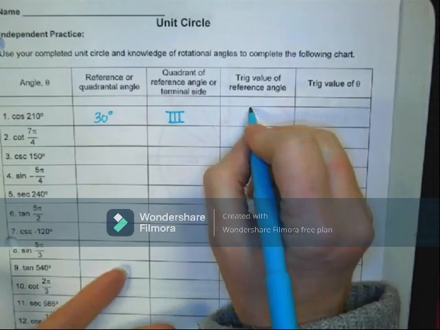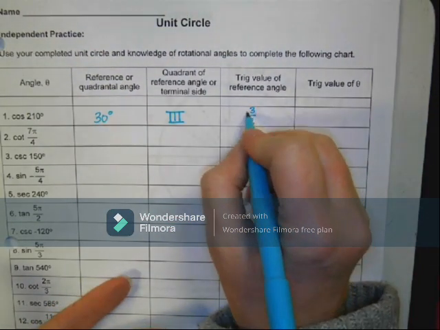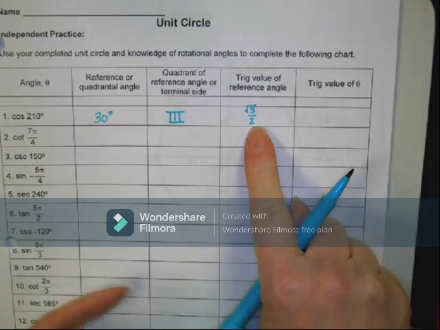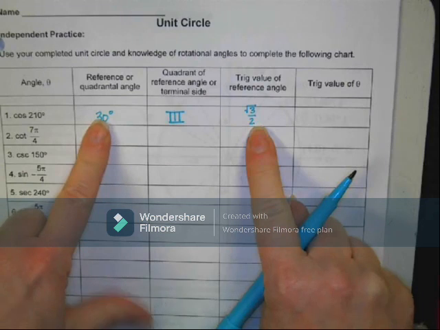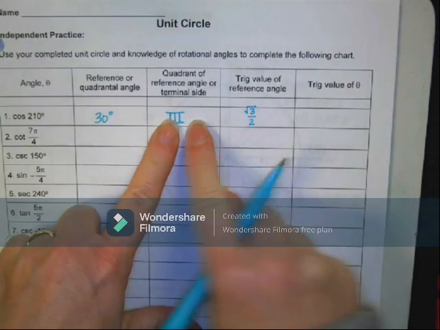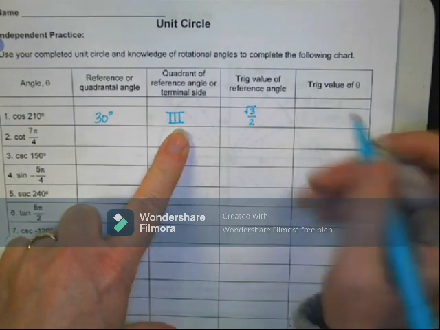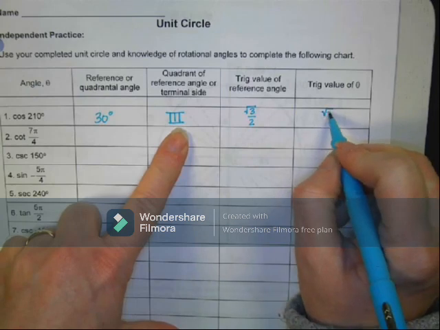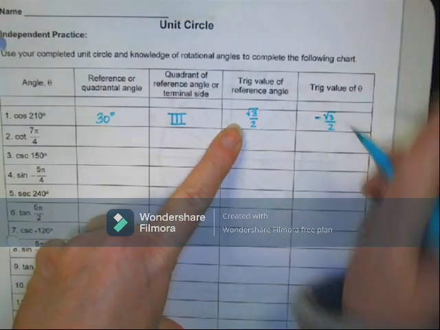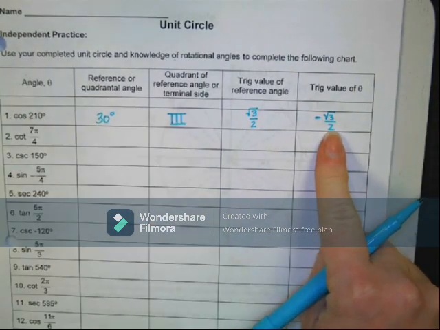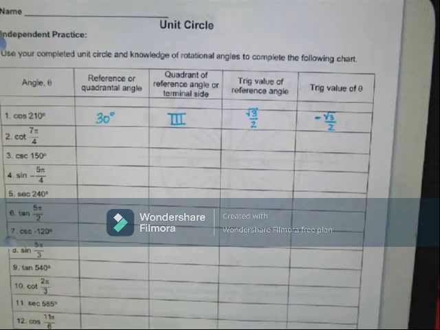So there's 3 over 2, take the square root. That is the trig value of a 30-degree angle. That is quadrant 1. But I'm in quadrant 3. So in quadrant 3, is cosine positive or negative? All right, so that's all I do is I just take the trig value of my reference angle and I make sure it's negative because my angle is actually in quadrant 3.